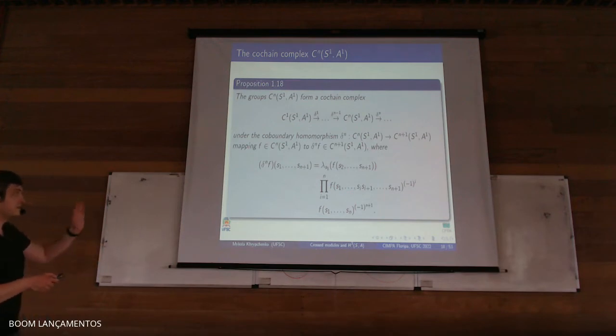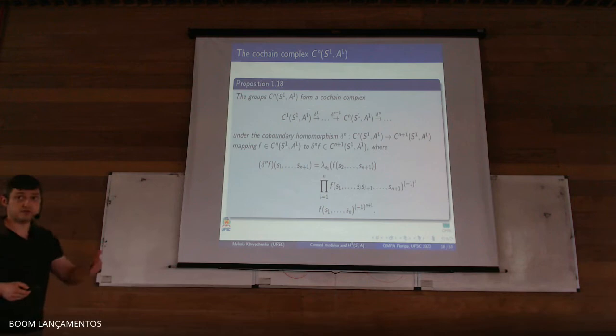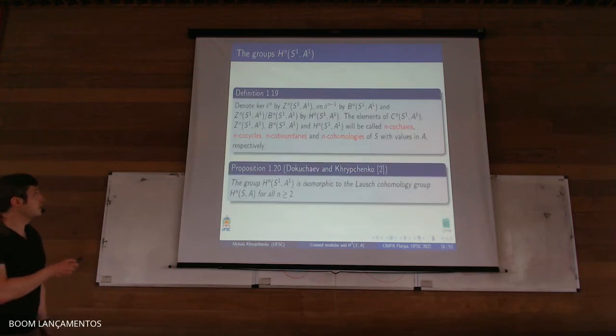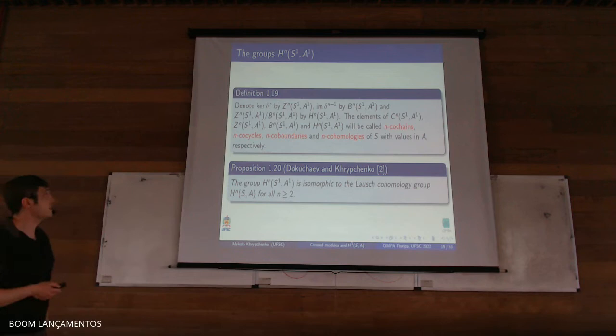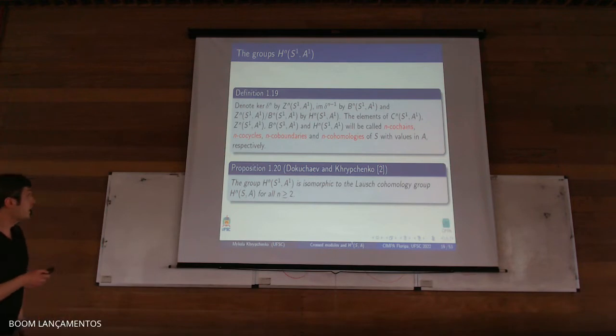And the rest has the same form. So that's how you have a cochain complex of abelian groups. Now this is just the usual way to define cohomology groups. You have the kernels of those coboundary maps, which are cocycles. You have images, which are coboundaries, and you have quotients, which are cohomologies. So I use the same terminology from the group case.